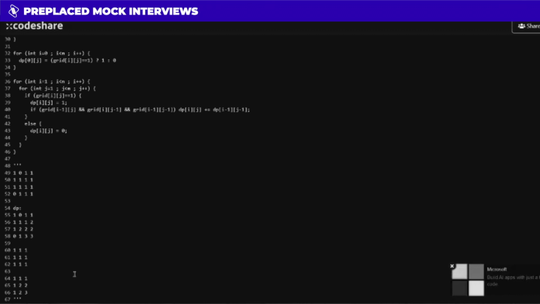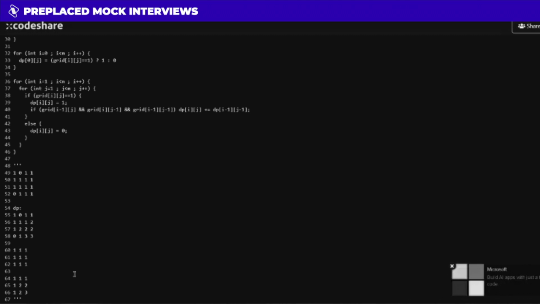So if you see this array, at any point in this particular grid, at i comma j, I can get to know what is the maximum length of the square possible at that particular i comma j, right?